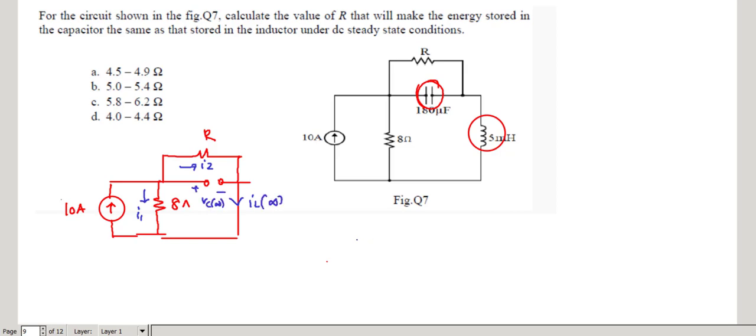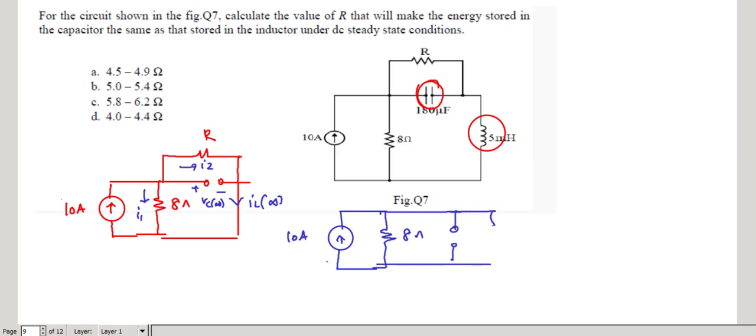So if I open this, R resistance is in series, so simply the circuit looks like this. 10 amperes, this is 8 ohms, and this looks something like this, because this is zero potential, this node is the same, so I can bring these two down. So this is IL of infinity here.